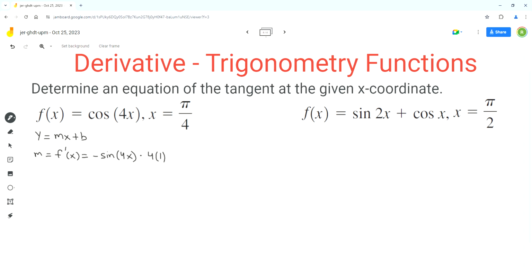So 4 is the coefficient of the term, so it stays as it is, and the derivative of x is 1. Now we can simplify this expression. So 4 times 1 is 4, so it becomes minus 4 sine 4x.